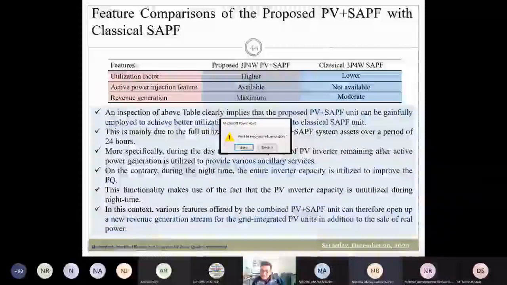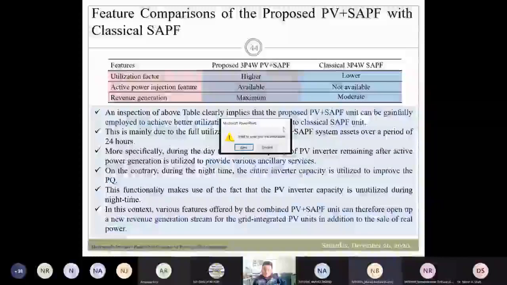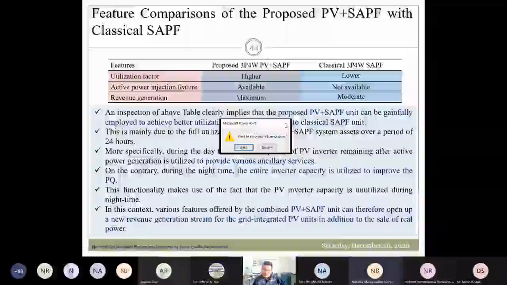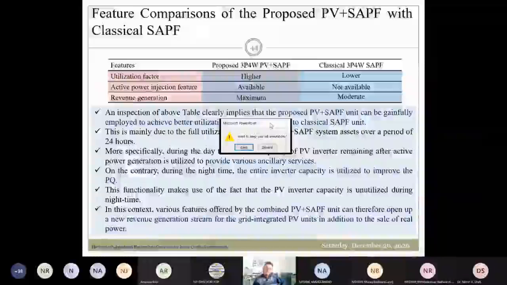Sir, one more question from my side. Tell me. I want to know how you have implemented the PWM on dSPACE. Sir, it's very easy to implement the PWM on dSPACE. Ready-made PWM blocks are available in dSPACE.